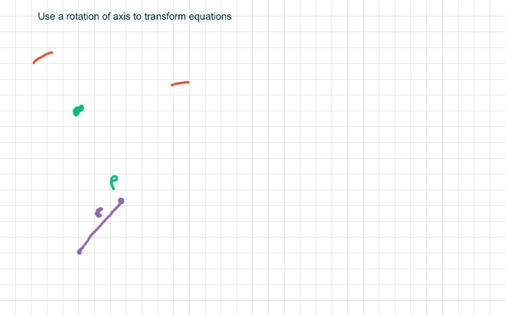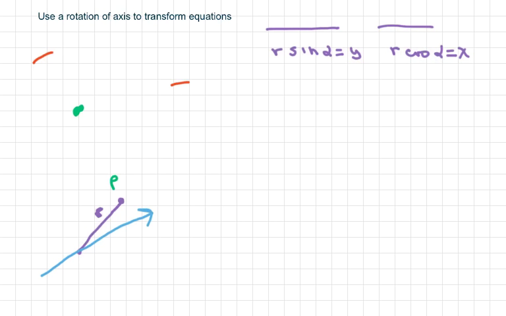I'm going to rewrite these two. R sine of alpha equals y, and R cosine of alpha equals x. We're going to let this be R prime now because we're talking about the new x prime and y prime axes.